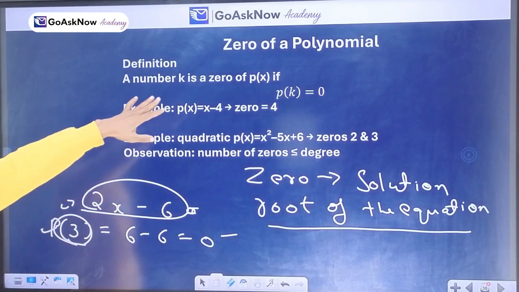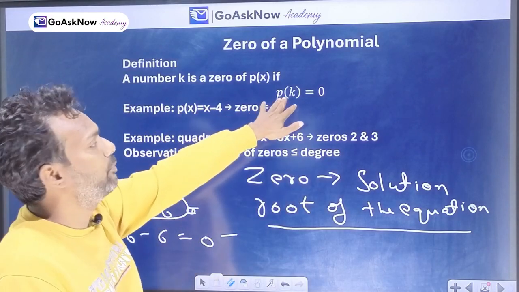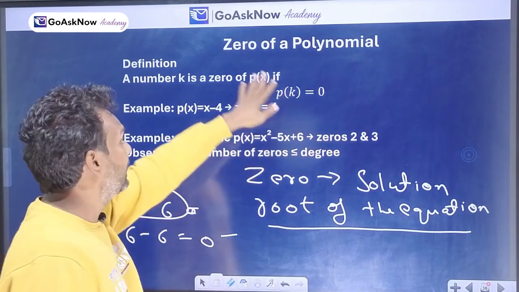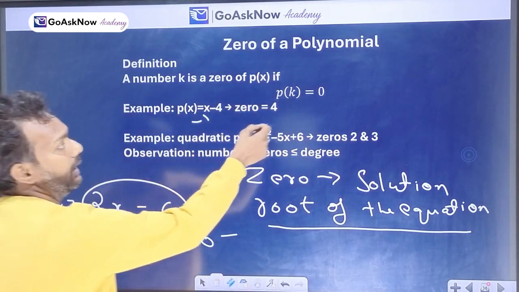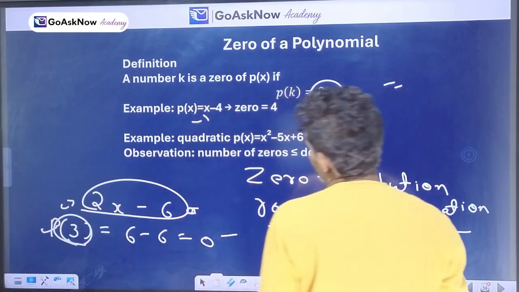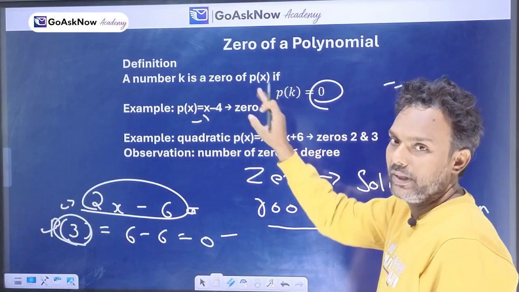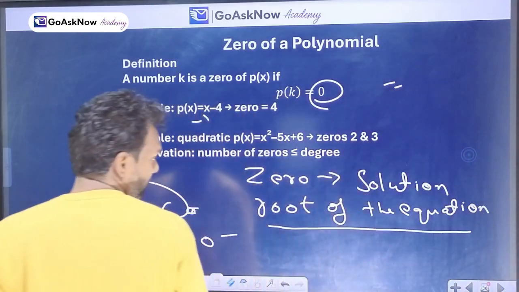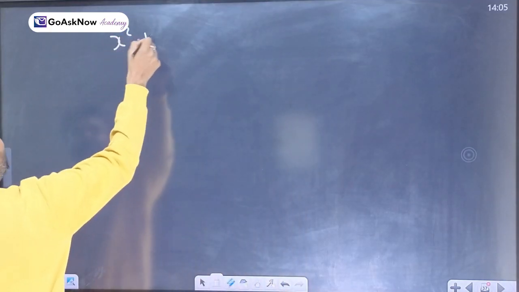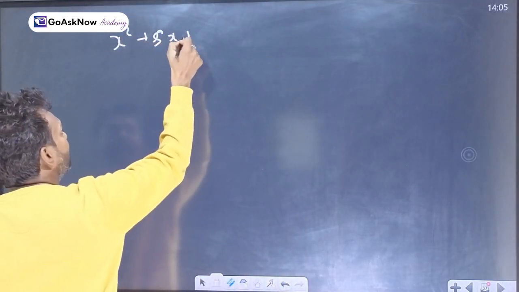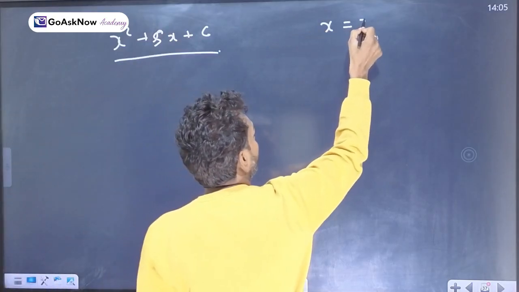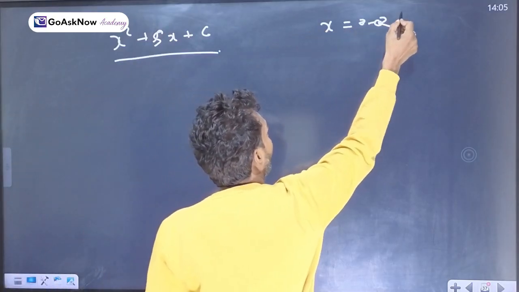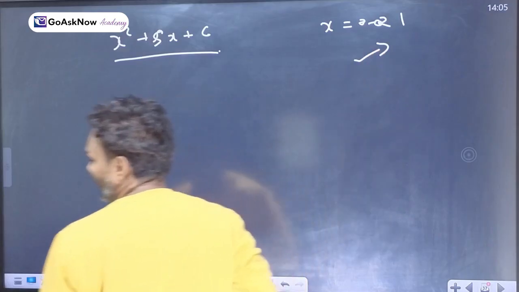So a number k is a zero of P(x) if P(k) is equal to 0, meaning when k is put in place of x in the given polynomial and we get 0, then we say that yes, k is a zero for the given equation. For example, for x square plus 5x plus 6, see if x equal to minus 2 or 1 is a zero of the equation or not.